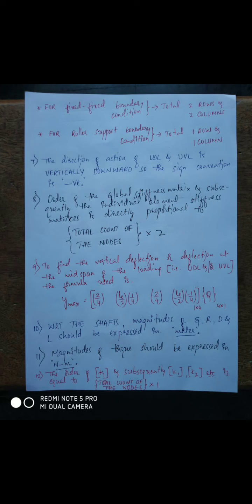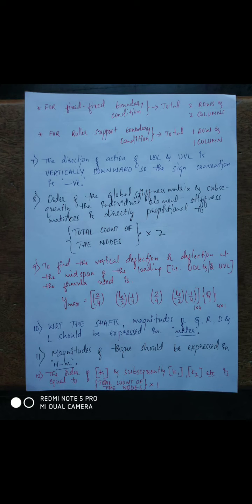Into 2 signifies the point that at each node there will be 2 displacements, one vertical, one angular. Thus the order of global stiffness matrix as well as individual element stiffness matrix is equal to total count of the nodes into 2.